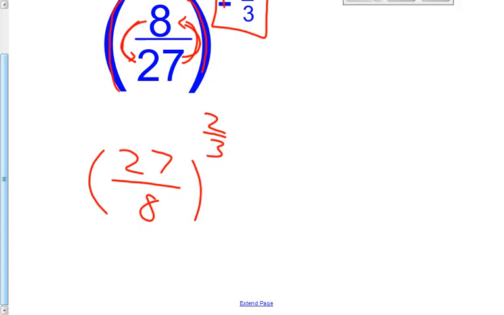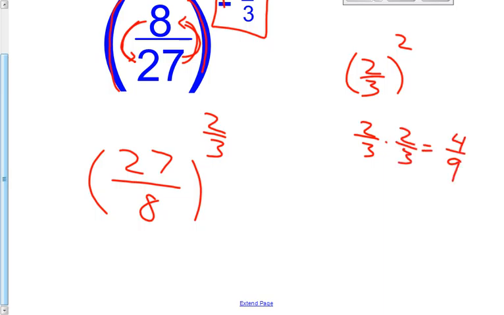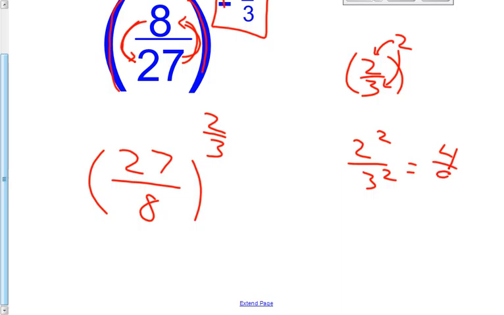Now when we have like 2/3 squared, that's the same thing as 2/3 times 2/3, which is 4/9. Or our rule for this: we square the top and we square the bottom. So 2 squared over 3 squared, which we get 4/9.